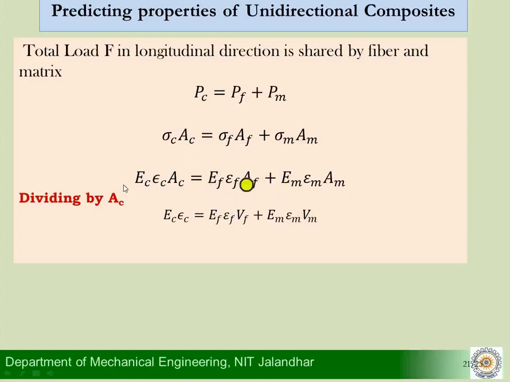So we already know AF upon AC is equivalent to VF, that is volume fraction of the fibers, and AM upon AC is equivalent to VM, that is volume fraction of the matrix here. So I land with this expression here.